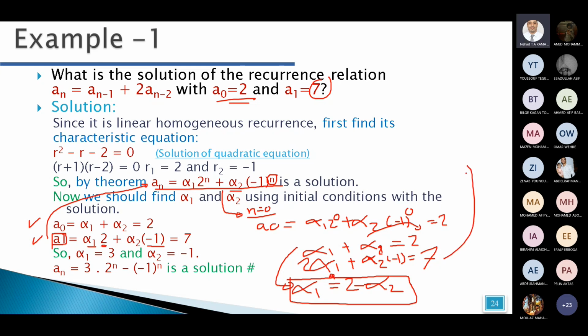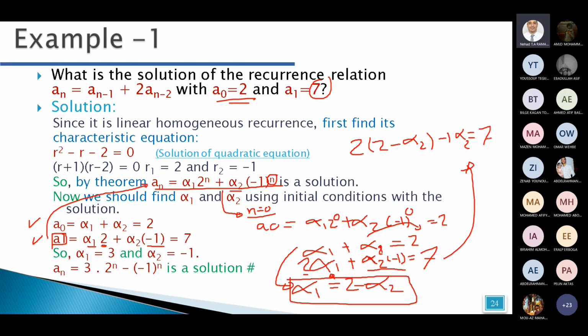So let me write it again. Instead of alpha 1, now it's 2 minus alpha 2. So multiply by 2 minus alpha 2, minus 1 alpha 2. All this equals 7.